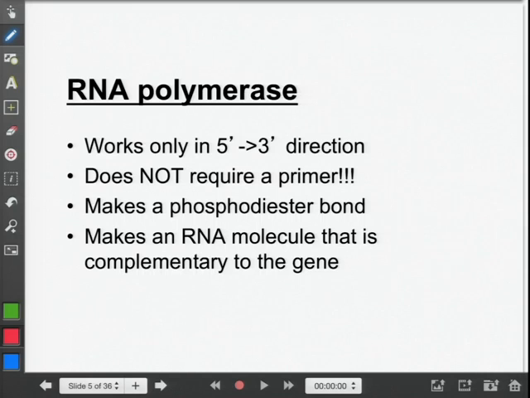RNA polymerase is linking together ribonucleotides, 3' OH, 5' phosphate, can only make this kind of thing. It does not require a primer, and makes the exact same phosphodiester bond between ribonucleotides as between deoxyribonucleotides.